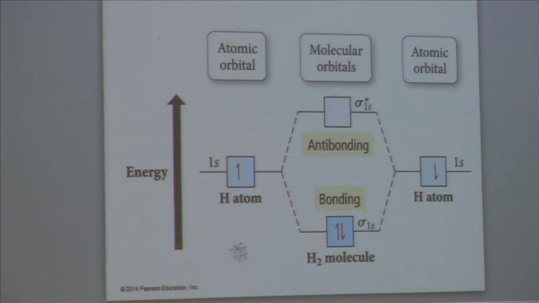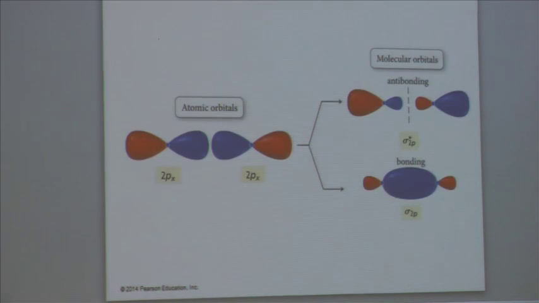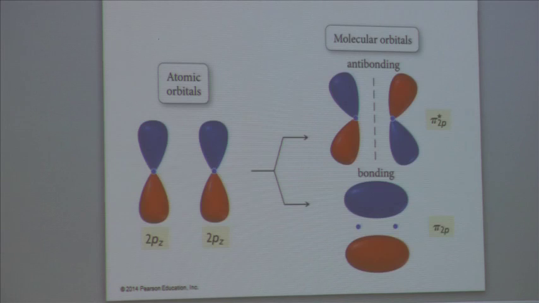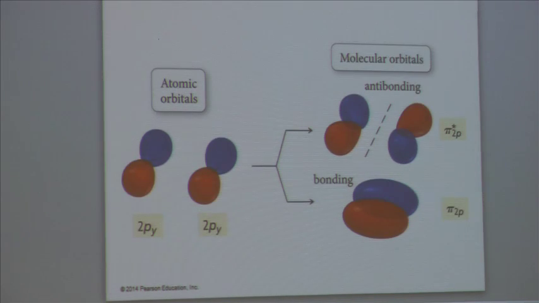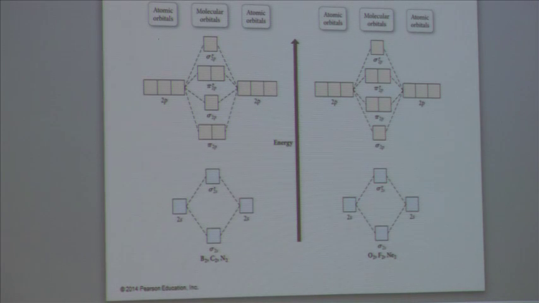And so if we were to make a hydrogen molecule, we have 2 hydrogen atoms, and both electrons would be in the bonding orbital. And there are all sorts of different interactions between the p orbitals.